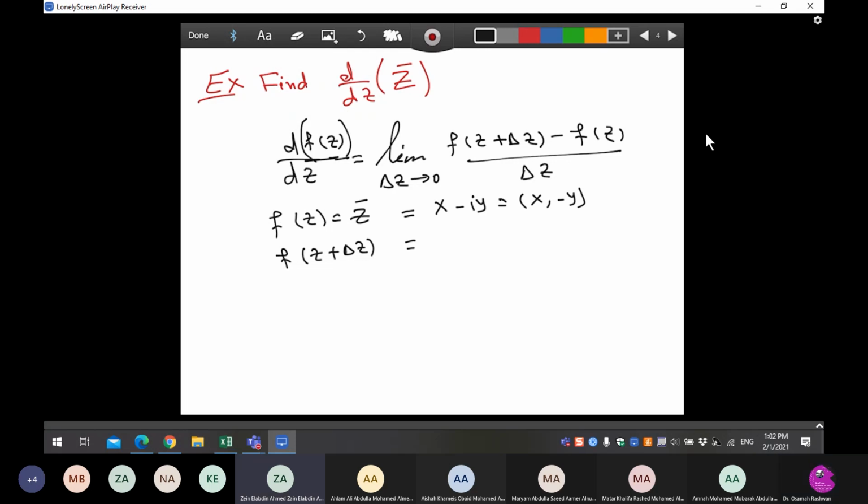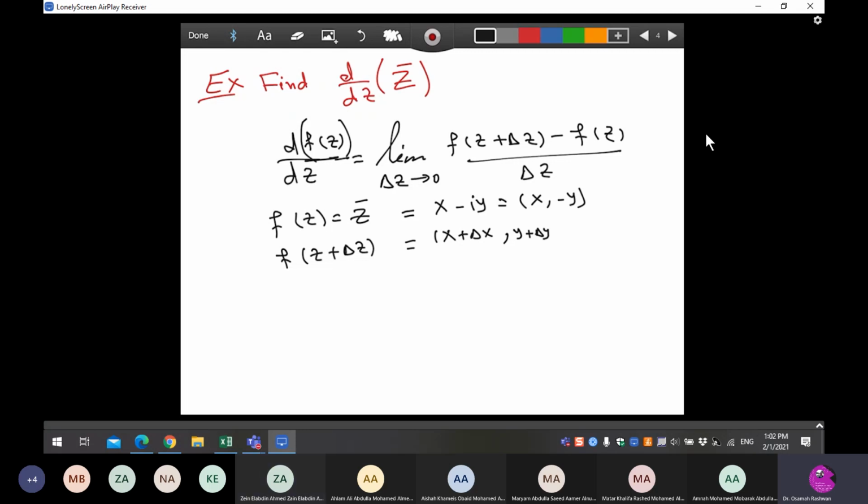x minus iy. So instead, I will have x plus delta x and y plus delta y, right?